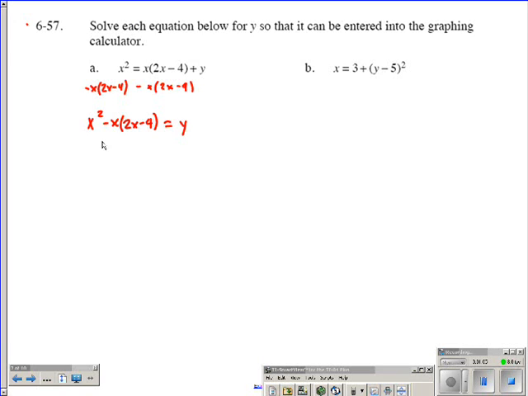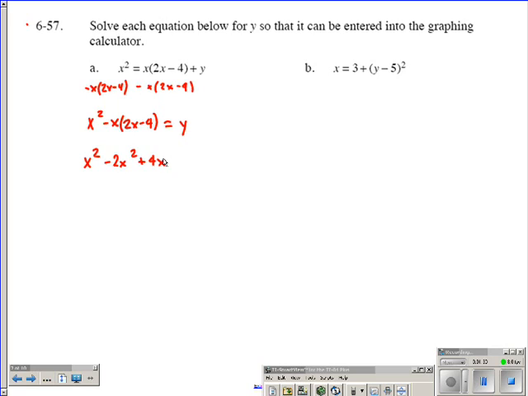Now, if you wanted a more simplified version, you could distribute the x through here and just simplify the expression down. Let's see what that would look like. We'd have x squared. We'd have a negative x times 2x would be minus 2x squared. And then a negative x times a negative 4, we'd have plus 4x.